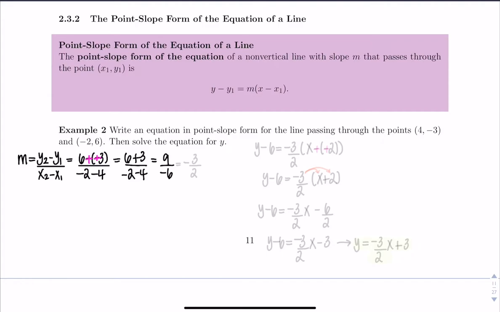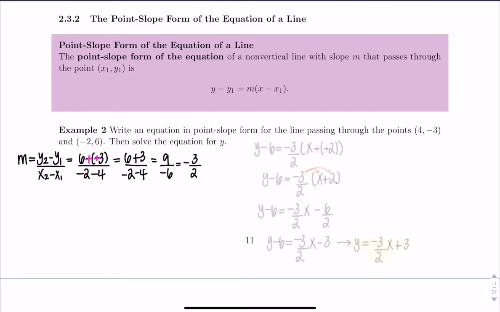Now we can simplify this just a little bit by taking a 3 out of both pieces, and we get -3/2. So that's my slope. Now for point slope, it doesn't matter which point you pick. I could pick (4, -3), or I can pick (-2, 6). Either one will give you the exact same answer when you solve for y. So pick the one that looks easier.